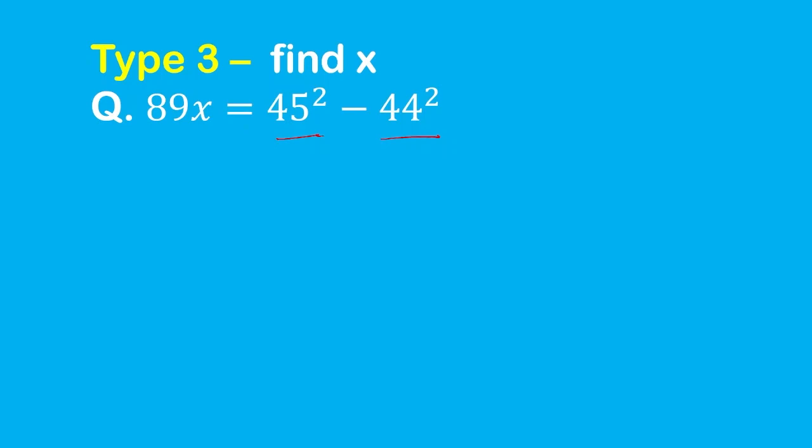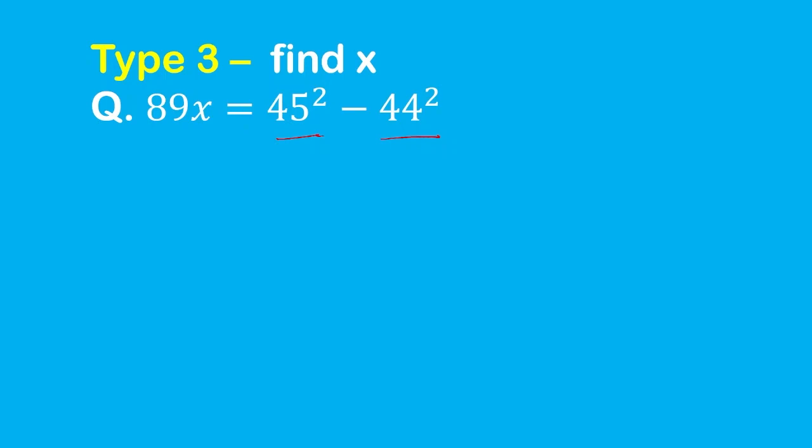To be honest, finding 45 square and 44 square and subtracting them is not wrong, but it is also pretty long and time consuming, and there's a much more efficient way of doing it, that is by using identities. That's why you must learn identities, so that you can solve things pretty easily.